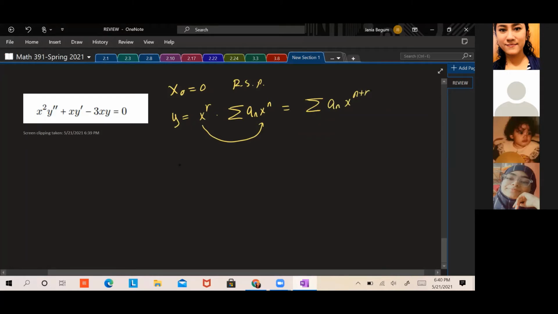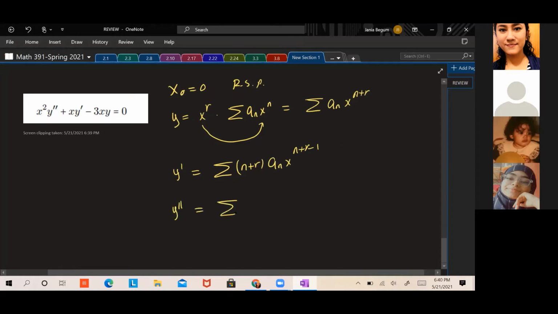So that means we can compute the first derivative of this. So we have the sum, ignoring the indexing, of (n plus r) times a_n x to the n plus r minus 1. And then we can again compute the second derivative of this.